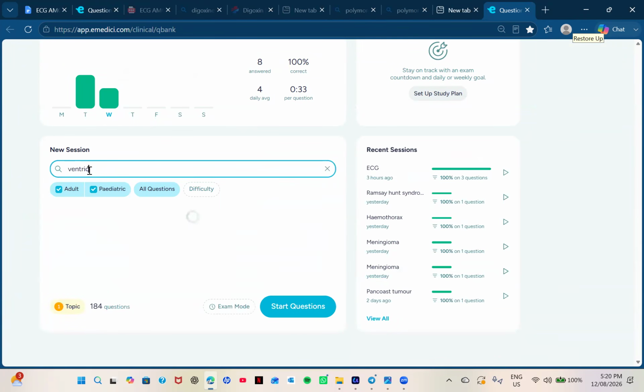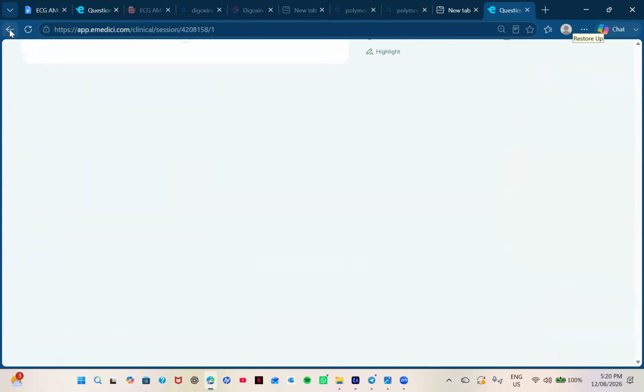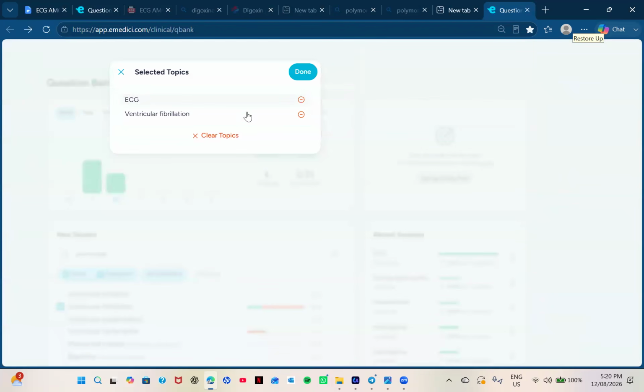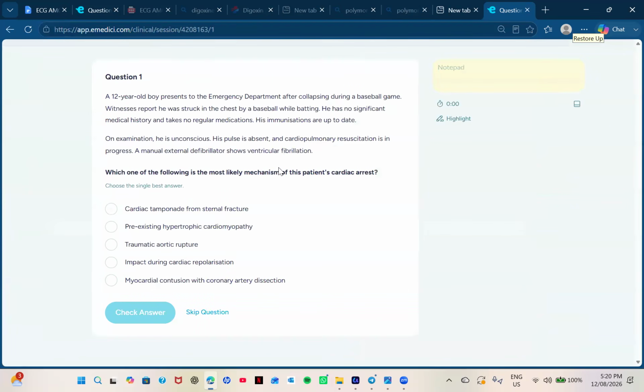Because these topics they have asked, I think ventricular fibrillation they have asked in June, right, doctors? June they have asked in. One minute. Okay, so I will explain like this.